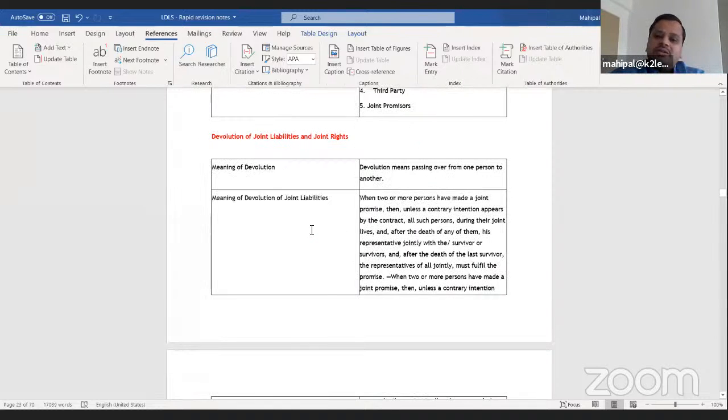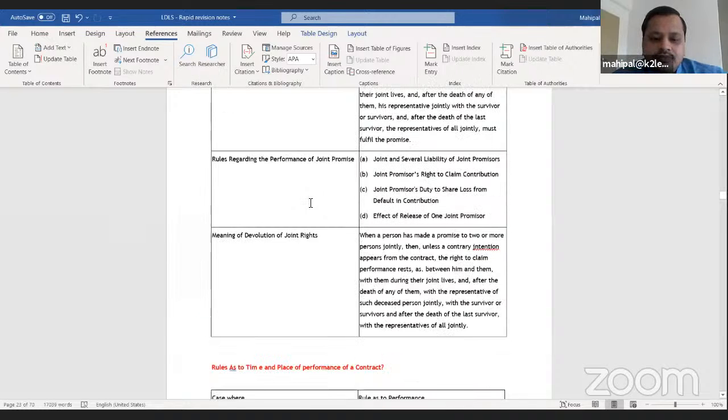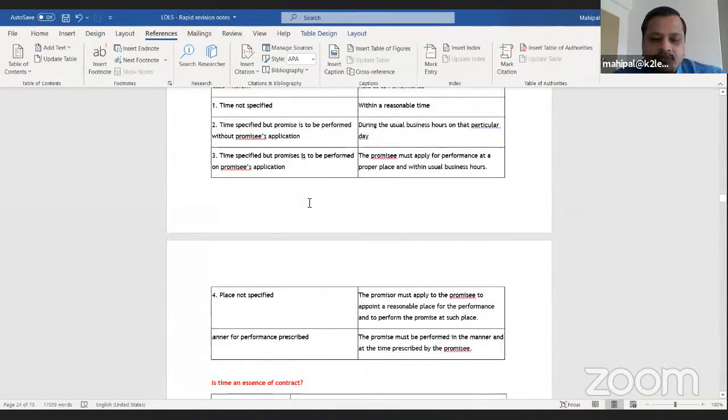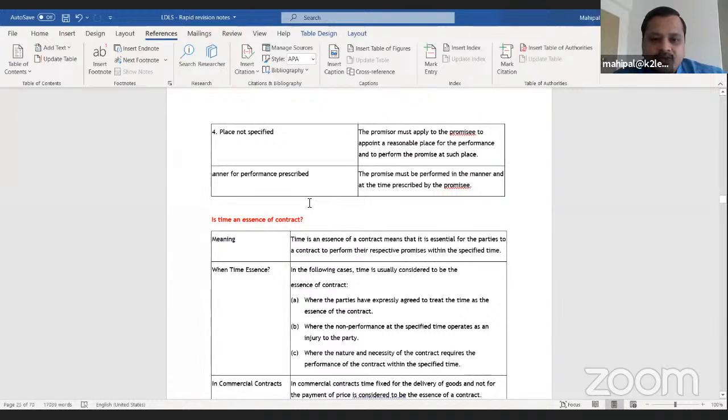How many of you remember the term joint promise? Where there is more than one party, either as a promisor or as a promisee or both. Yes or no? Can we proceed?